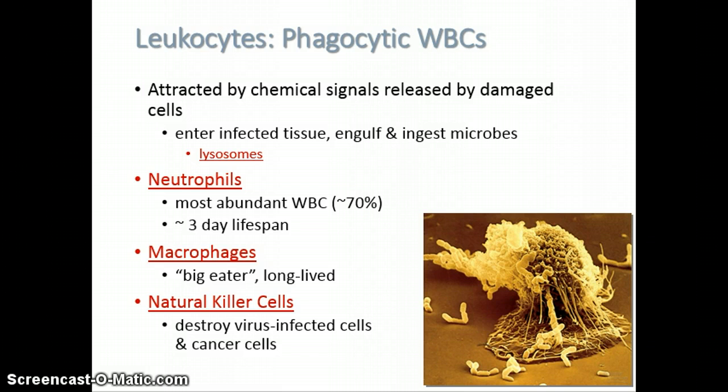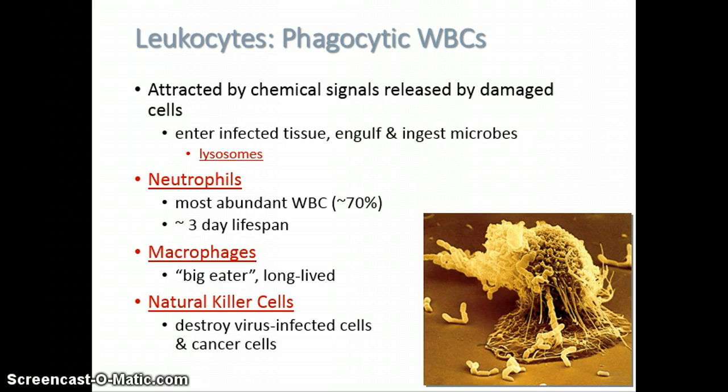So we're going to look a little more carefully at the different players in this immune response. For leukocytes, we also call them the phagocytic white blood cells. They are attracted by chemical signals or by certain receptors, or actually ligands, found on the different pathogens.